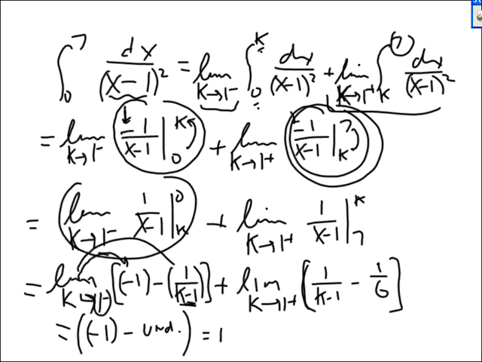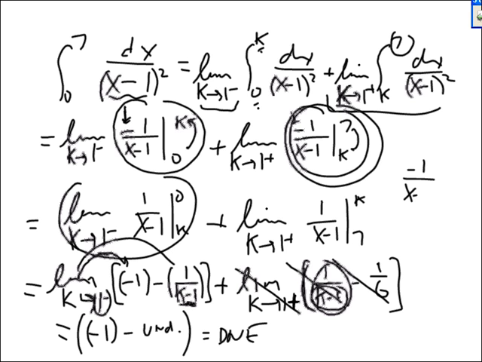The answer is, it does not exist. You don't even have to bother doing that. But if you did, you plug in a number really close to 1, but a little bit more, you're still going to get close to 1 over 0. It doesn't exist.